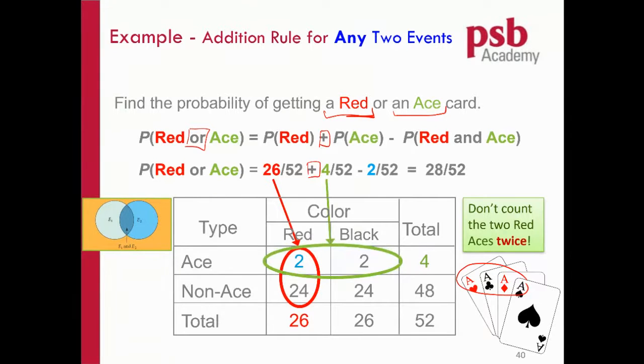How many aces? 4. Do you notice that when you do a circle like that, you can see very clearly that this number appears twice. You calculate twice. So you just need to take away. It's similar to what I have explained to you just now, right? So you end up actually only having 28 instead of 30.